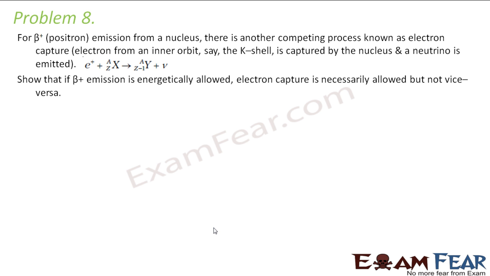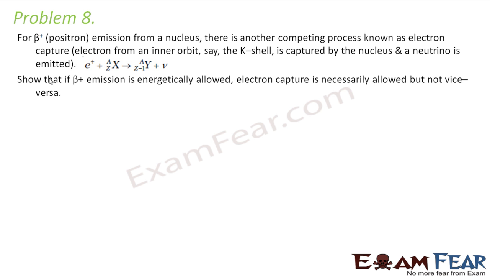And these two processes are kind of similar. So it says show that if beta plus emission is energetically allowed, electron capture is necessarily allowed, but not vice versa. That means if beta plus is energetically allowed, electron capture will obviously be allowed. But if electron capture is energetically allowed, that doesn't mean that beta plus emission will also be allowed.